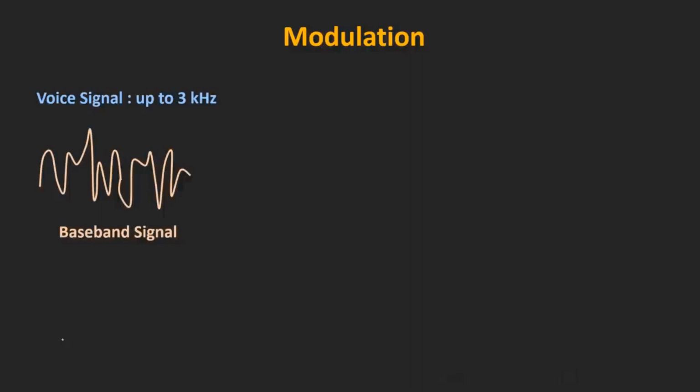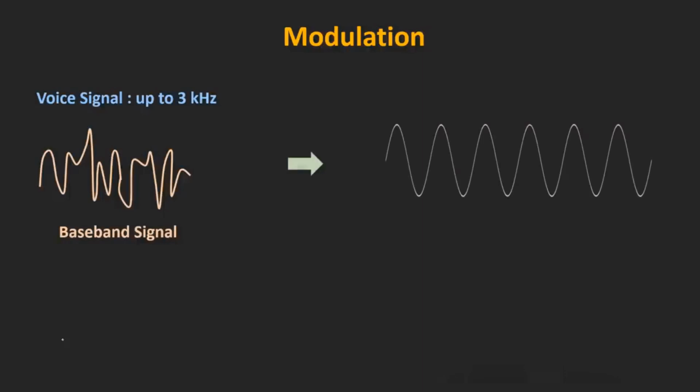A voice signal is an example of a signal produced by human beings. The frequency range may be from 20 Hz to 20 kHz. This is the audible spectrum frequency range. This original signal is called the baseband signal, which will be in the low frequency range.